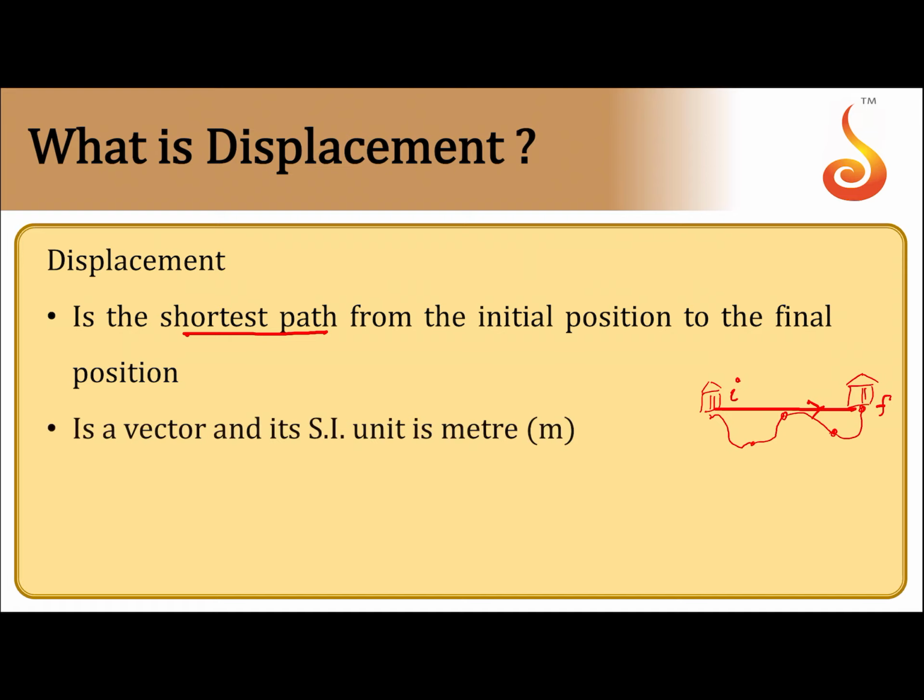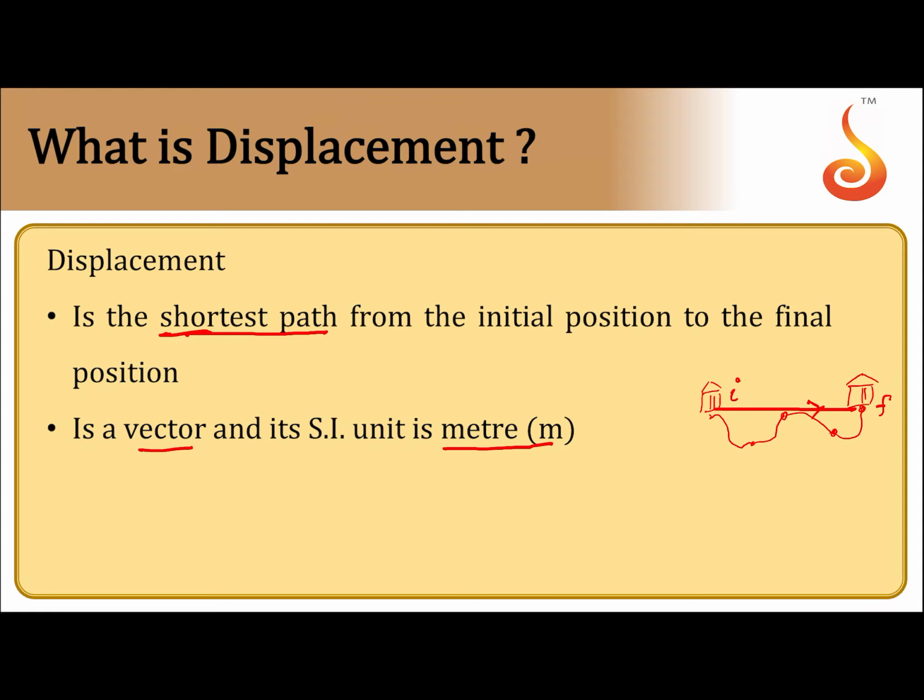Because the direction is also involved. Where is the direction involved? I said initial position to final position, which means that there is a direction and it is also the shortest path. So, clearly the shortest path can't be along any random direction. Thus, it is a vector quantity and its SI unit is meter.